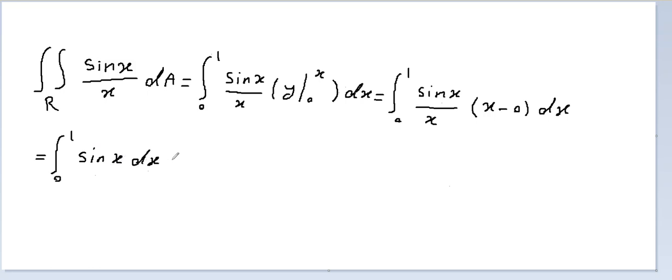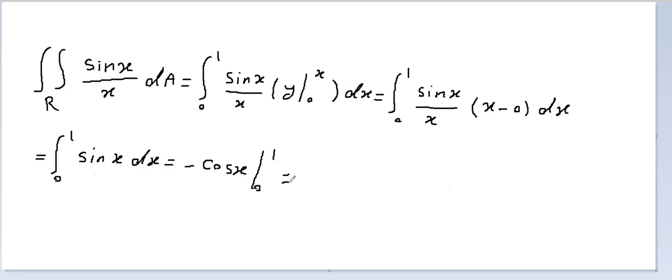You can see when we switch the order of integration, we can solve the integral. So now this is easy. What is the integral of sine x? The integral of sine x is minus cosine x, from 0 to 1. Okay, 1 radian.